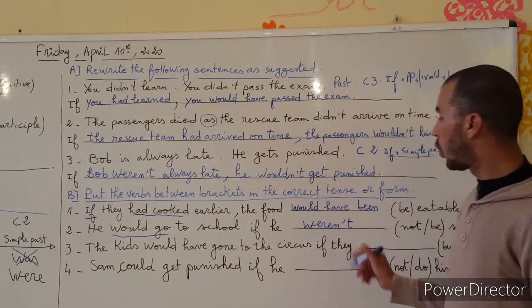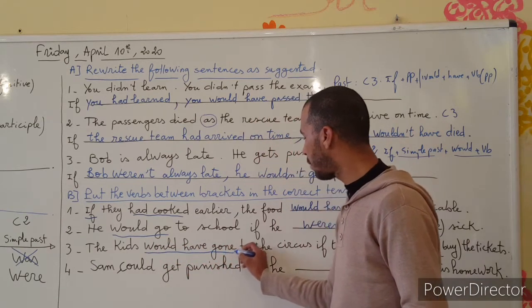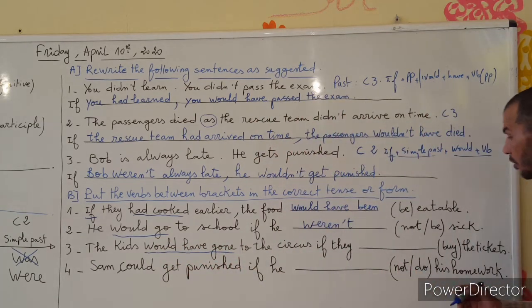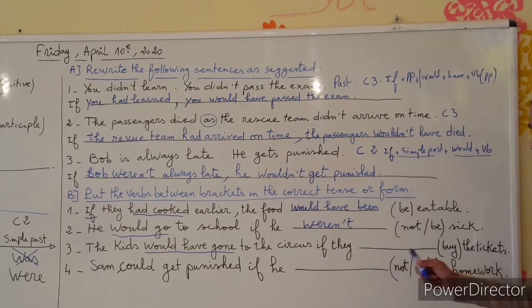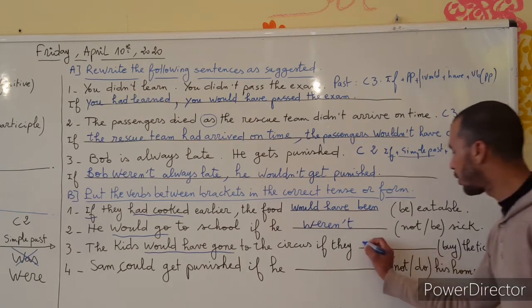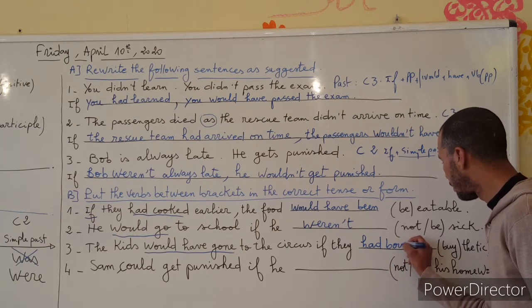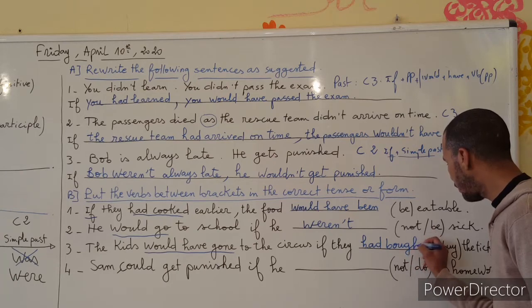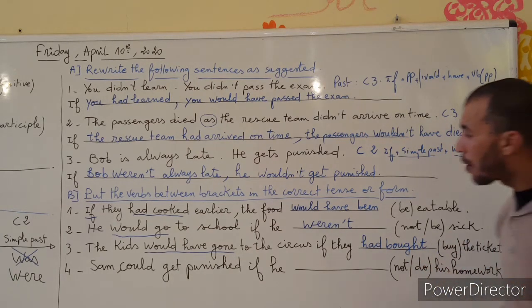Number 3, the kids would have gone. We have would have plus verb past participle. So generally speaking, this is conditional 3, which is if plus past perfect. The verb here is buy, so we are going to say had bought. And finally, number 4: some could get.